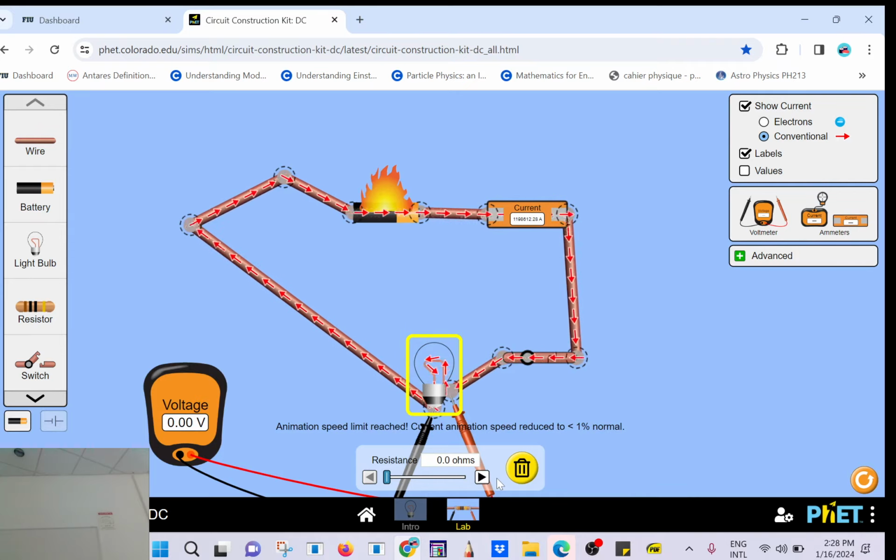resistance. Is it happy? Not as happy as before, because instead of having 4.5, some of it will go to the resistor, some of it will go to the load. Even though the current is the same everywhere, the voltage drop is not. So if I want to measure the voltage drop, let's see if I have the voltage here.